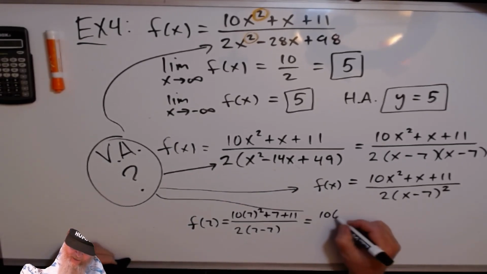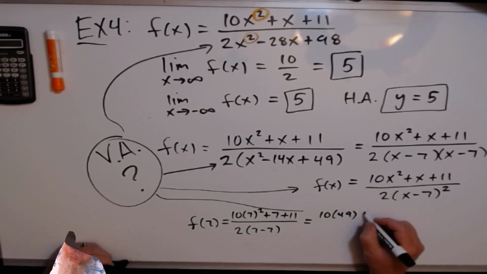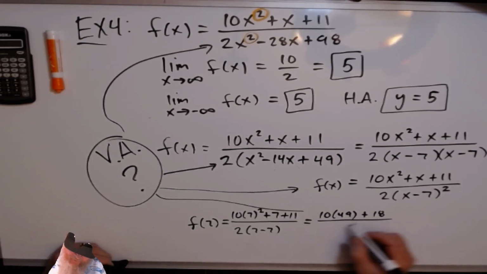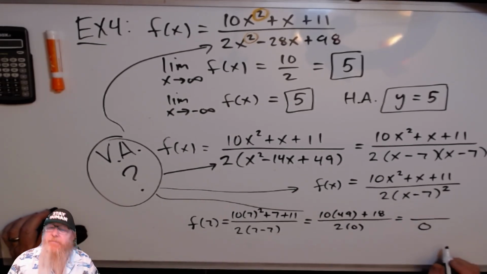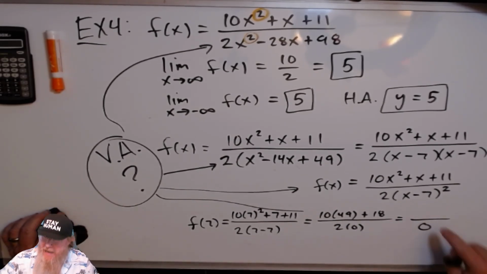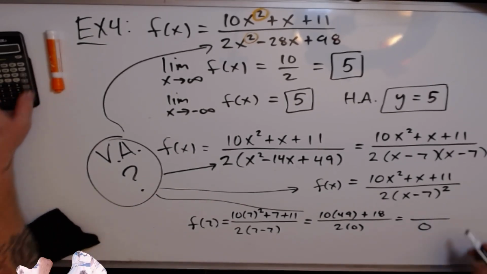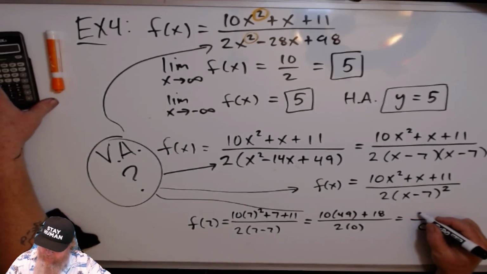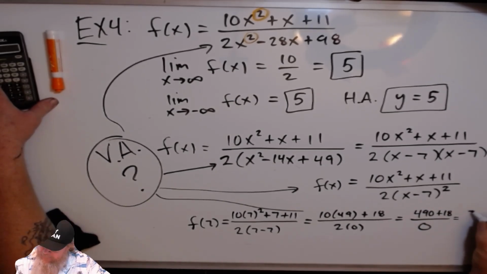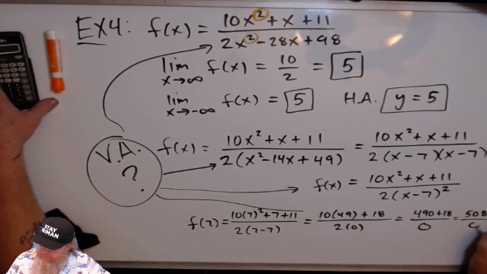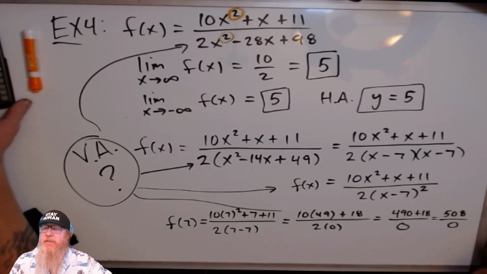You'd get 10 times 49 plus 18 over 2 times 0. So I would get 0 in the bottom. Now I should double check that I don't get 0 in the top. You get 490 plus 18, 508 divided by 0.